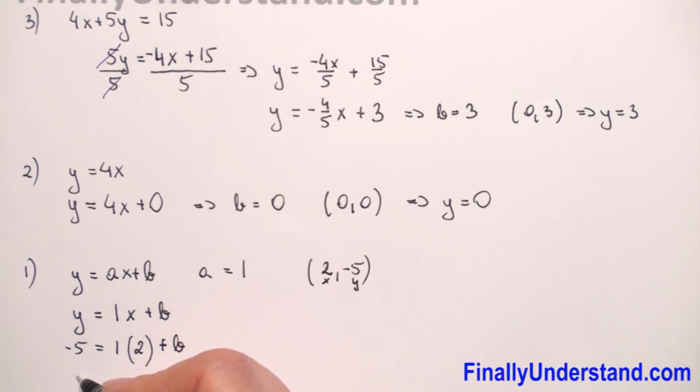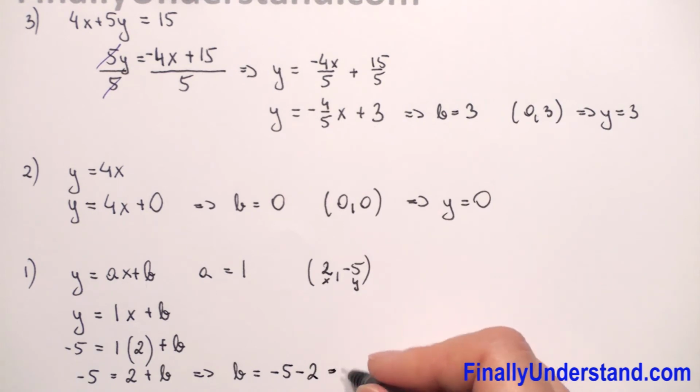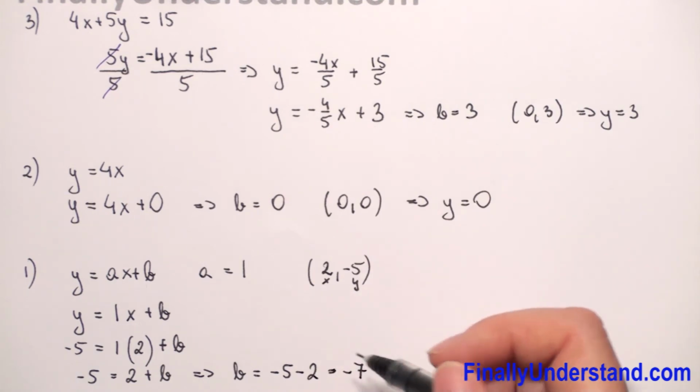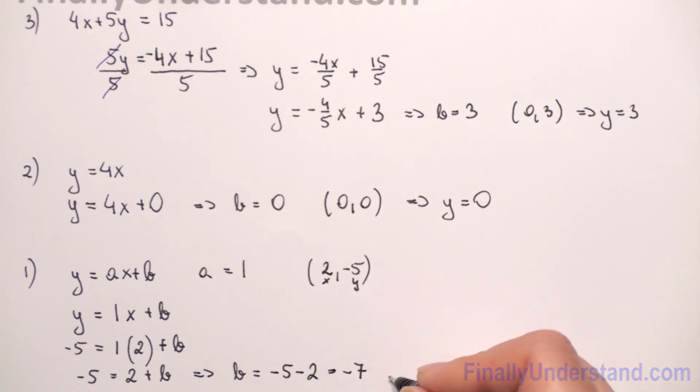Negative 5 equals 1 times 2, which is 2, plus b. So b is equal to, I will move 2 to the left side, negative 5 minus 2, so this is equal to negative 7. The y-intercept we have is negative 7.